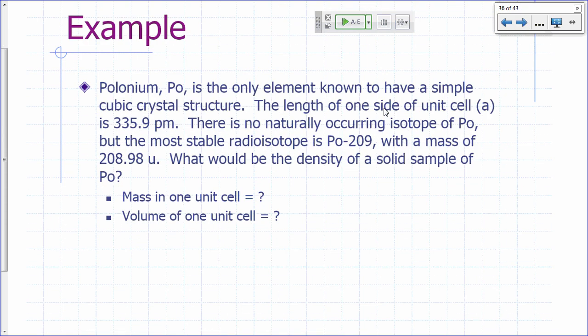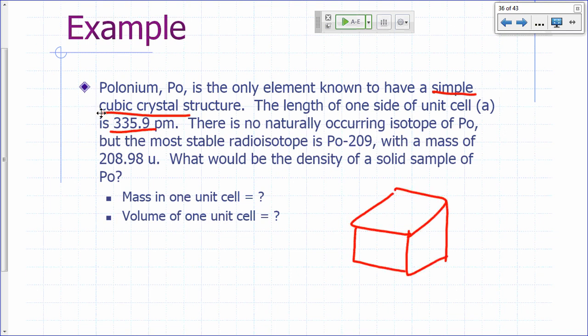Alright, so let's look at some applications of this. Polonium is the only known element to actually have a simple cubic crystal structure. So it's got a simple cubic unit cell. The length of one side of the unit cell is 339 picometers. So the length of your cube is 339 picometers.